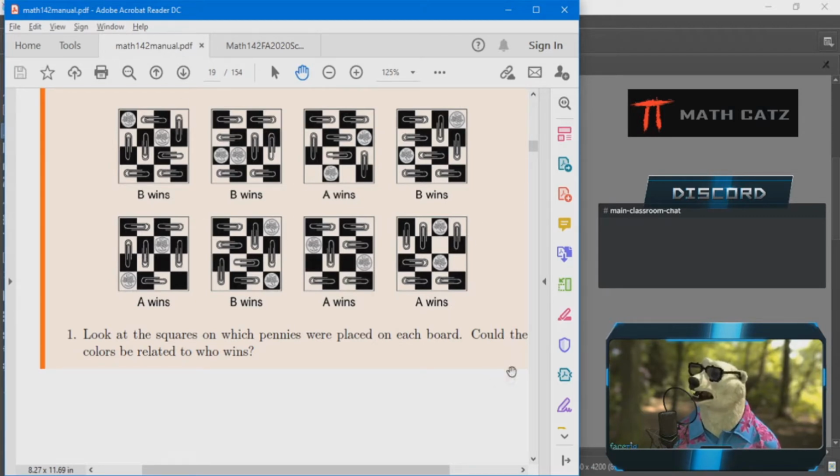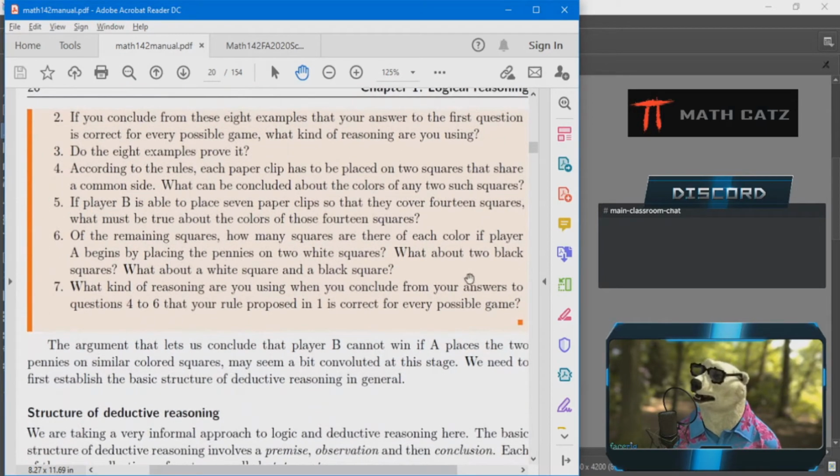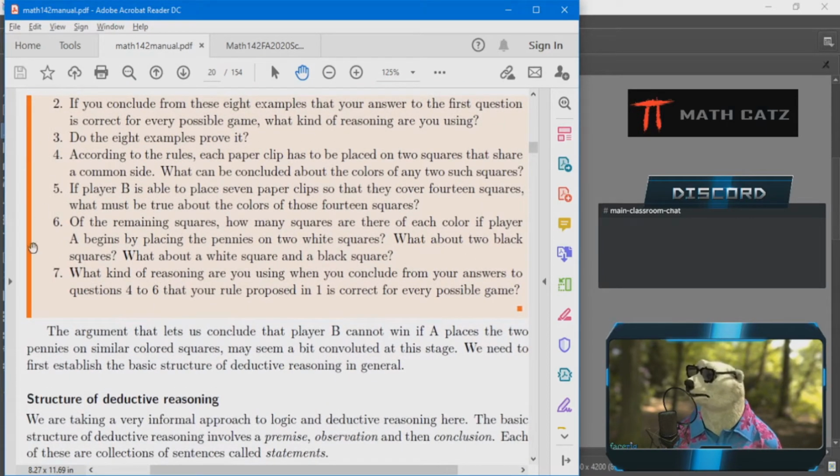I'm just looking at them to remind myself how the game works and visualize it. My argument in number 4 to 6 about how the number of black and white squares relate to each other are independent of a specific example game. And I'm now crossing over to deductive reasoning.